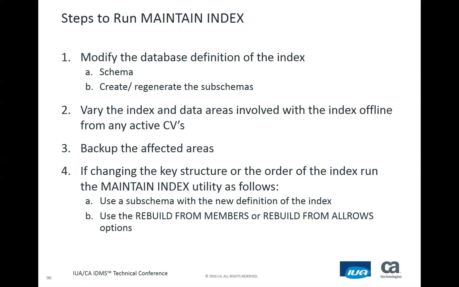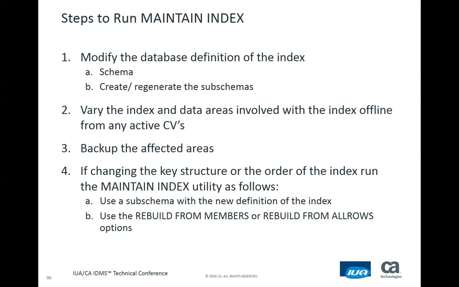And now we're going to start looking at some of the various things to do with these specific types of changes. So if we're changing the key structure or the order of the index, you're going to run maintain index in the following manner. You'll want to use the subschema with the new definition of the index, and then use the rebuild from members or rebuild from all rows options.